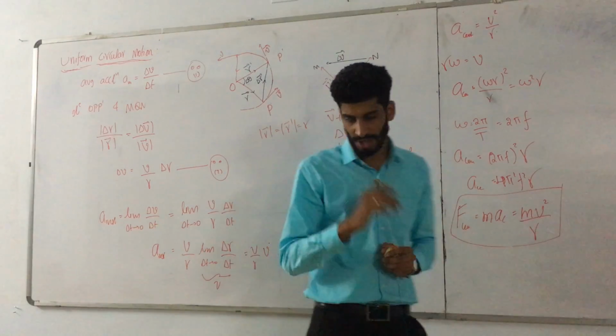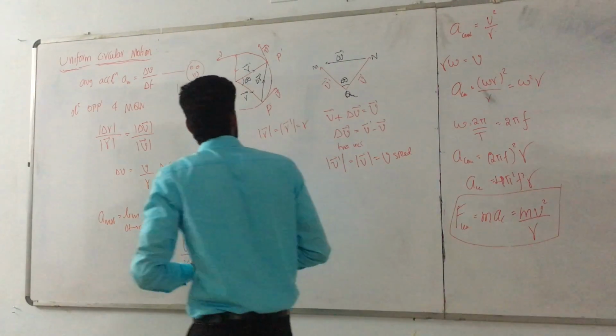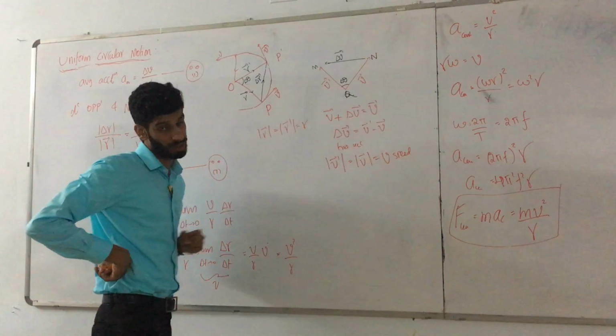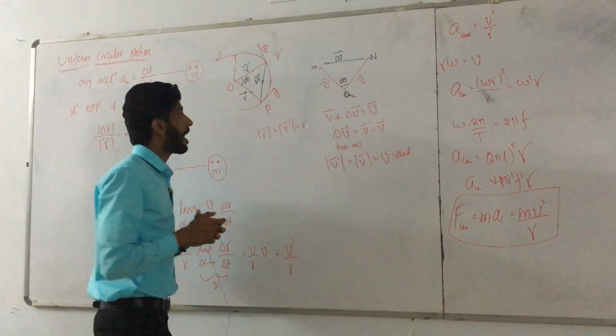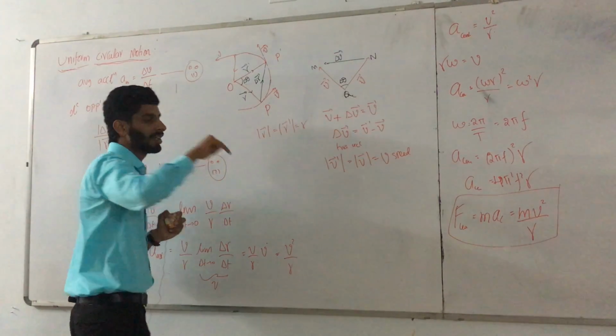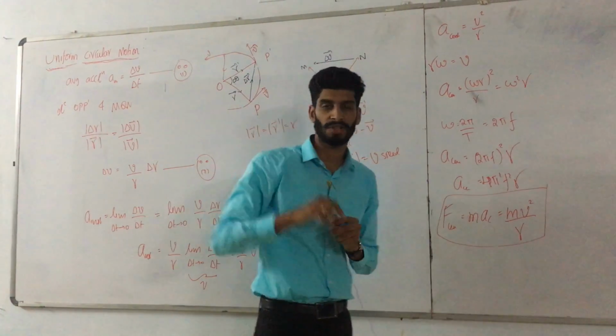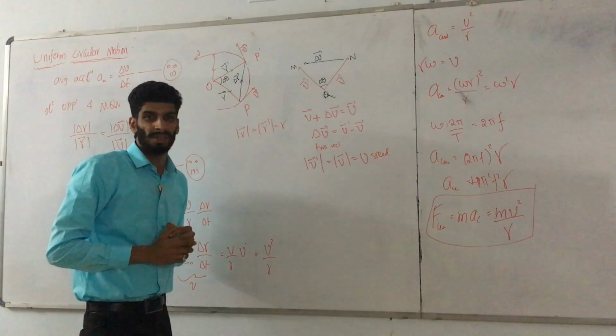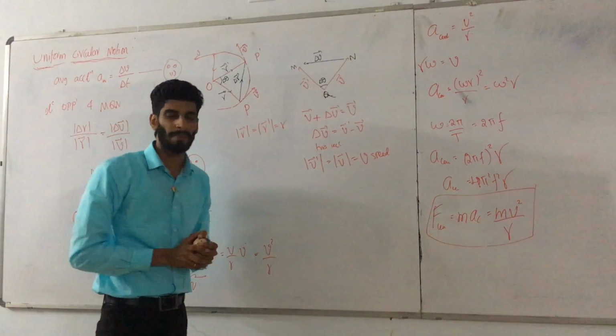Now, I will tell you something here. I told you that if you draw the tangent at that point P, you will get the velocity direction. I already told you that if you draw a tangent anywhere on the circular path, the tangent direction represents the direction of the velocity. I would like you to believe this by showing a demonstration.